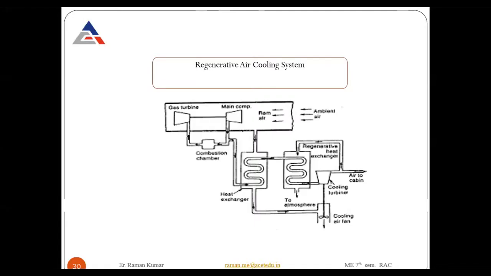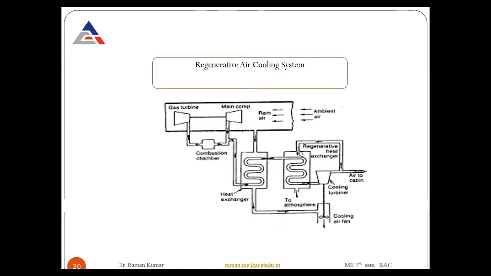This type of regenerative air cooling system is mostly used in supersonic aircraft and in missiles. As everybody knows, supersonic missiles are also there and supersonic aircraft are also there.